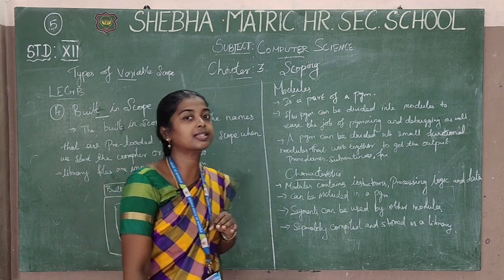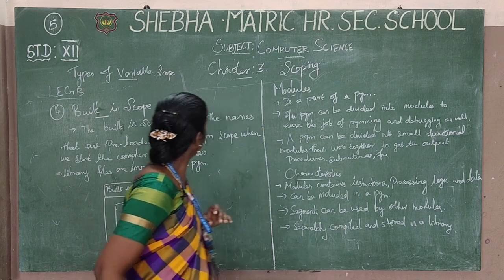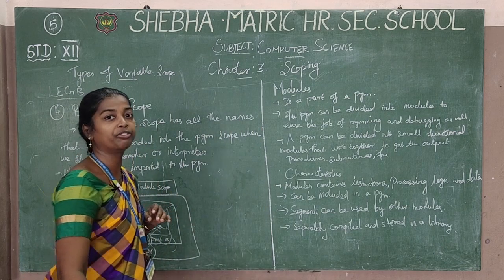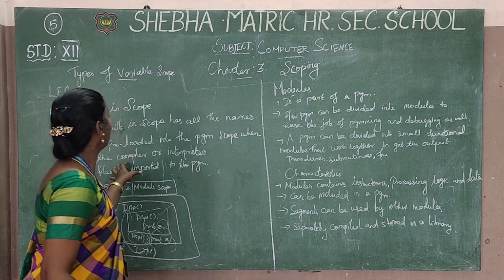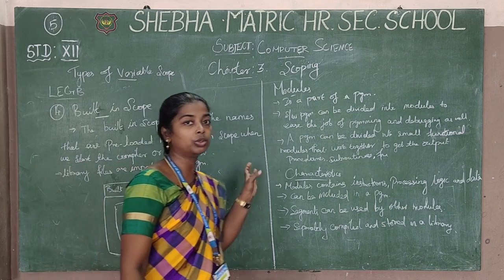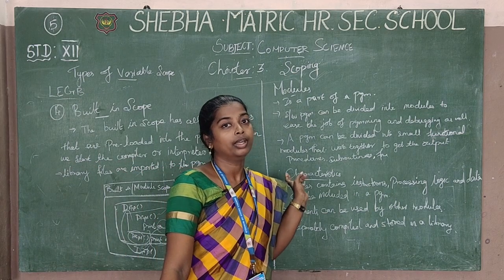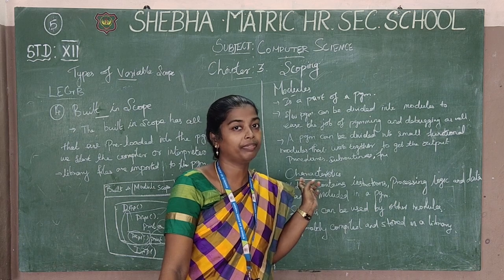Enclosed is used for nested functions. The fourth one, built-in scope, is used by the compiler or interpreter. So these are the types of variable scope.